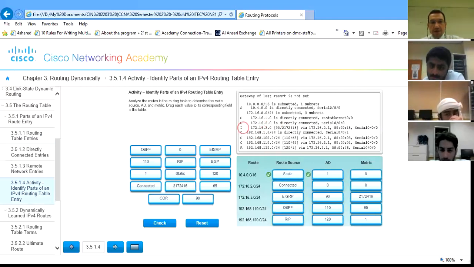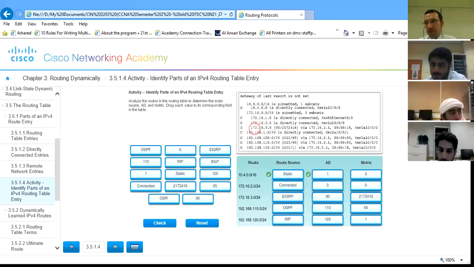The remaining ones were learned by EIGRP, OSPF, and RIP. Those 3 directly connected networks, do they all belong to the same major network? No. But still, we have the correct subnet mask information. Meaning what? It's version 2. Because if it was version 1, it would have looked at them as discontiguous networks.